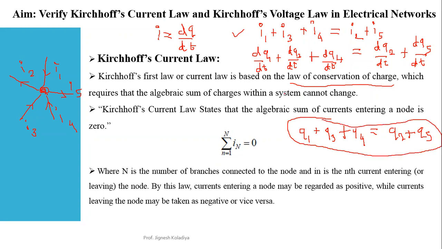And that's why we say Kirchhoff's current law is based on the law of conservation of charge, which requires that the algebraic sum of charges within the system cannot change. Now you can see both are the same, right?